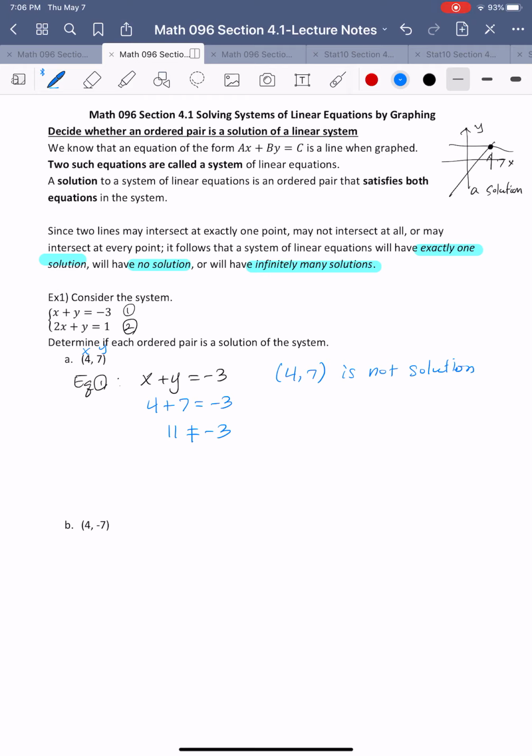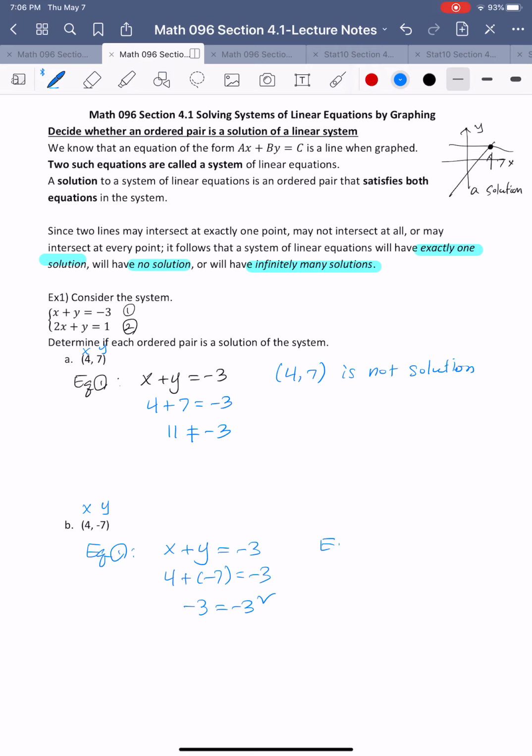All right, the next one, I have (4, -7). If one equation fails, it is not a solution, and you don't have to worry about it. So this time x and y are 4 and -7. So x plus y equals -3: 4 plus -7 is -3, which equals -3. So it is true, and (4, -7) is a solution of the first equation.